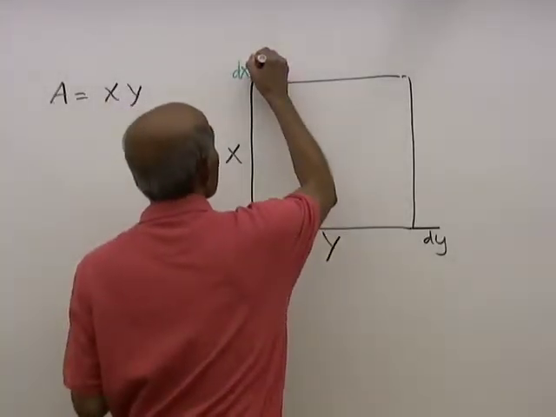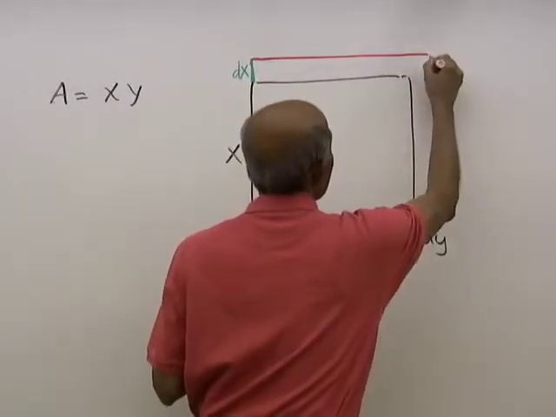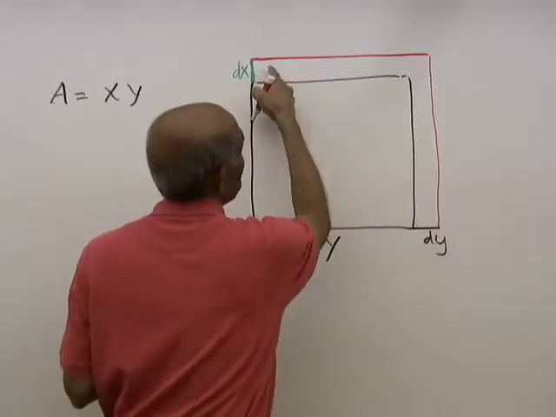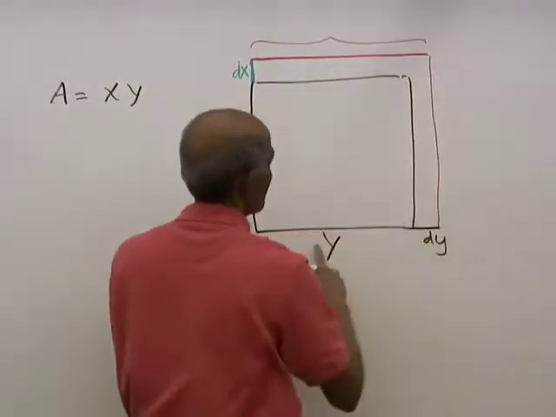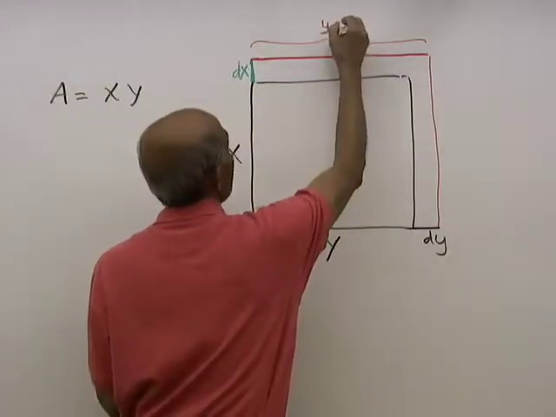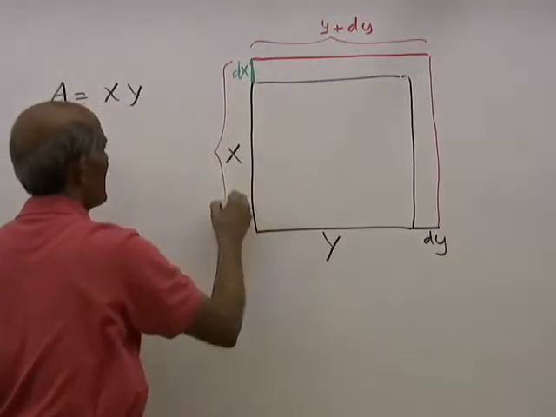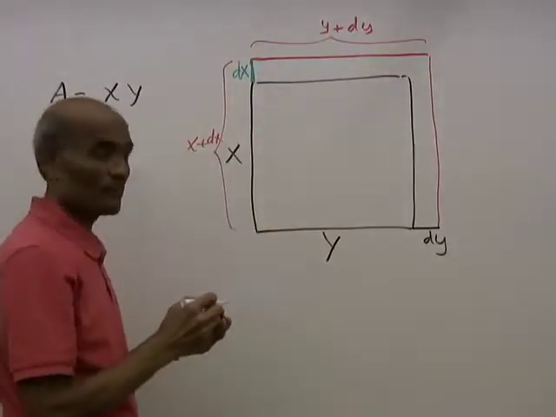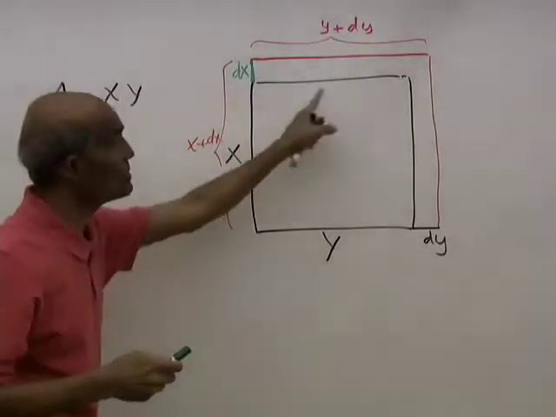If you notice, I'm going to construct the new area there. Now, this length, what is this now? That is y plus dy. And this is now x plus dx.